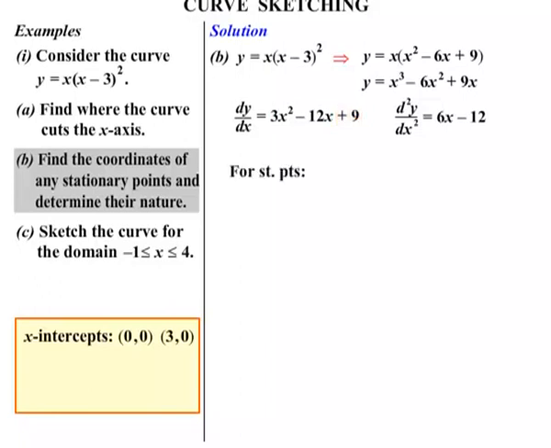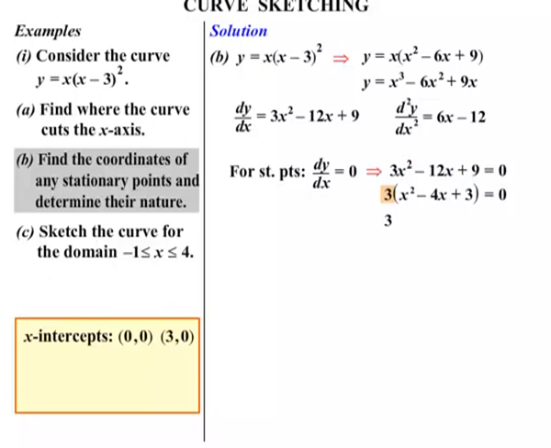Now, for stationary points, we know that the derivative is equal to 0. In other words, the gradient of the curve is 0 at the stationary points. So let's set our dy/dx equal to 0. Now it's a quadratic, but I can see 3 is common to everything, so let's take the 3 out. So 3 outside of (x squared minus 4x plus 3) equals 0. Let's forget about the 3.